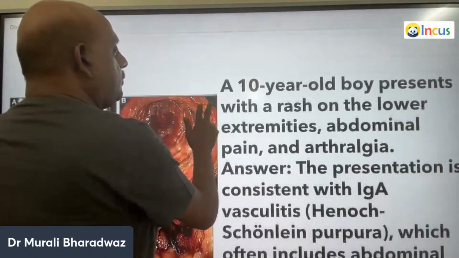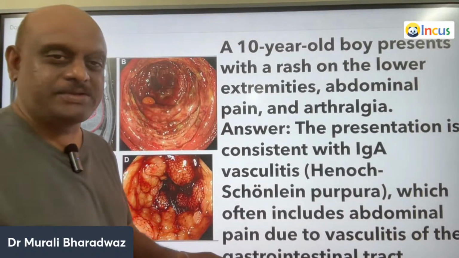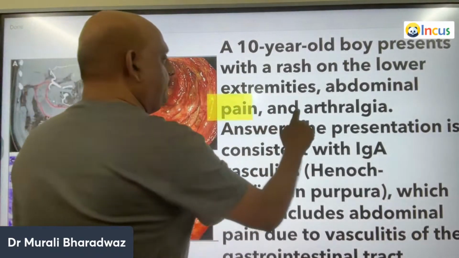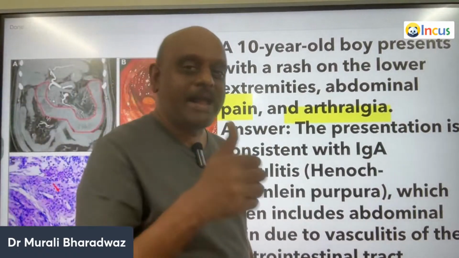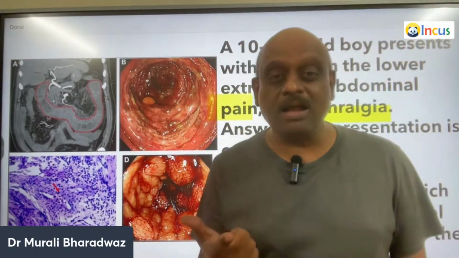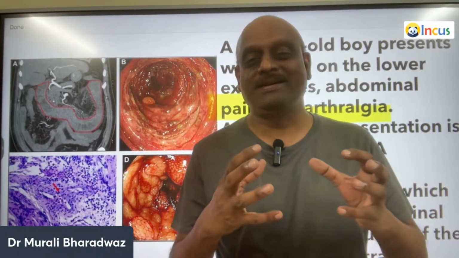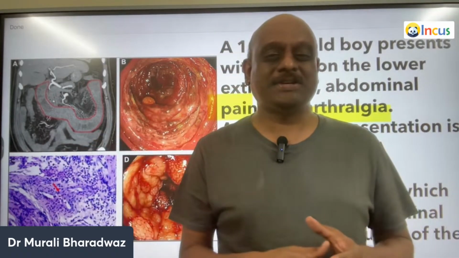Now, a 10-year-old boy has a rash on the extremities. There is abdominal pain, there is arthralgia. Rash, abdominal pain, arthralgia: these all are the features of vasculitis. Why abdominal pain? Because there is a mesenteric vasculitis.